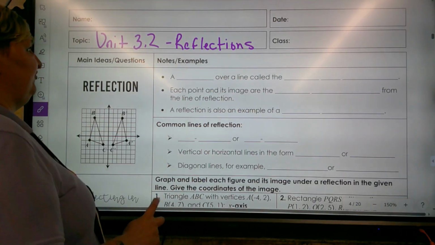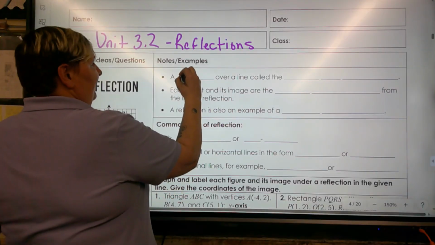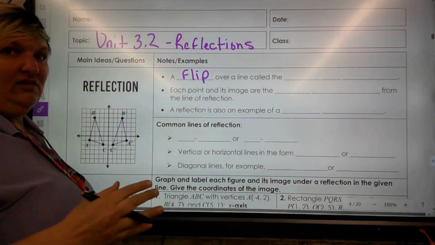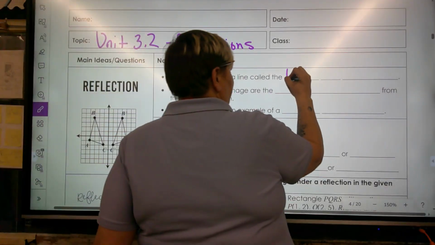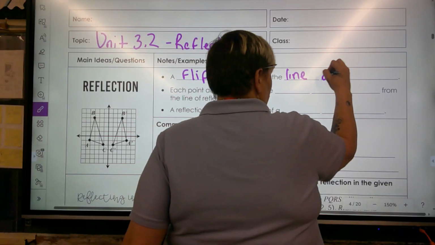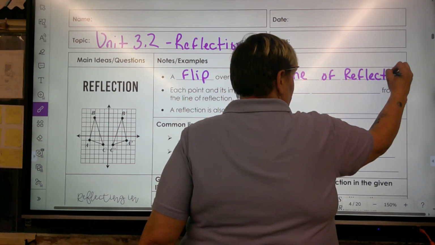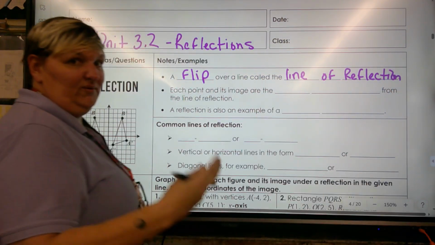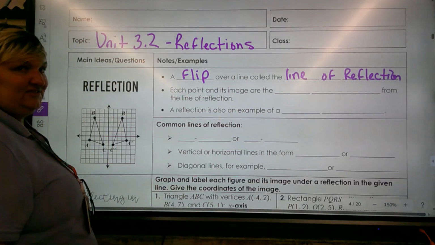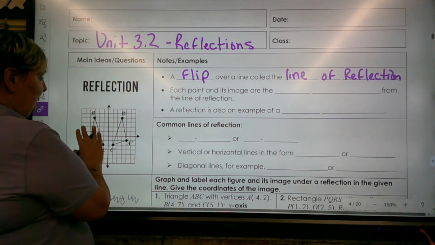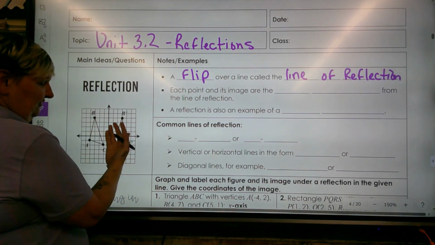All right, so a reflection is a flip over a line called, strangely enough, the line of reflection. So wherever we reflect it across, that's our line of reflection, and we're going to pick up the shape and we're literally going to flip it.